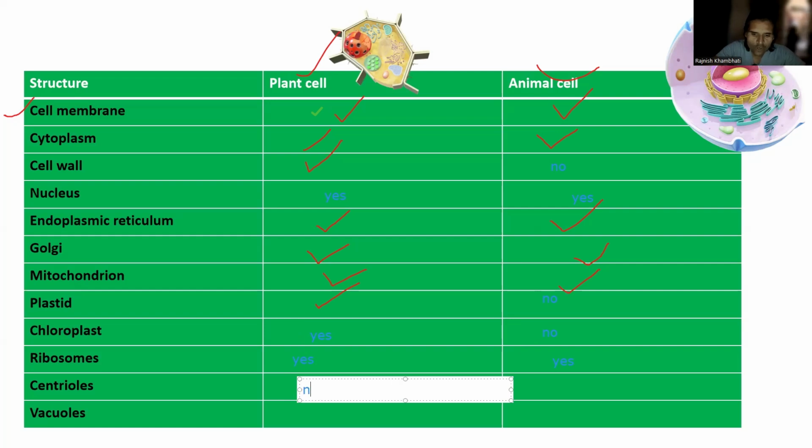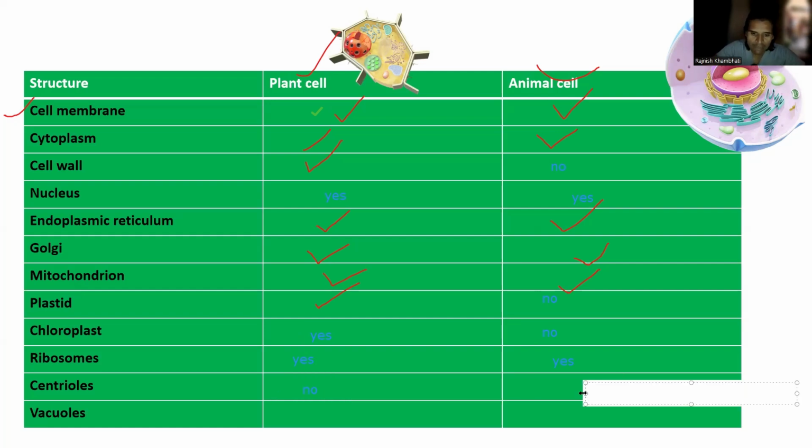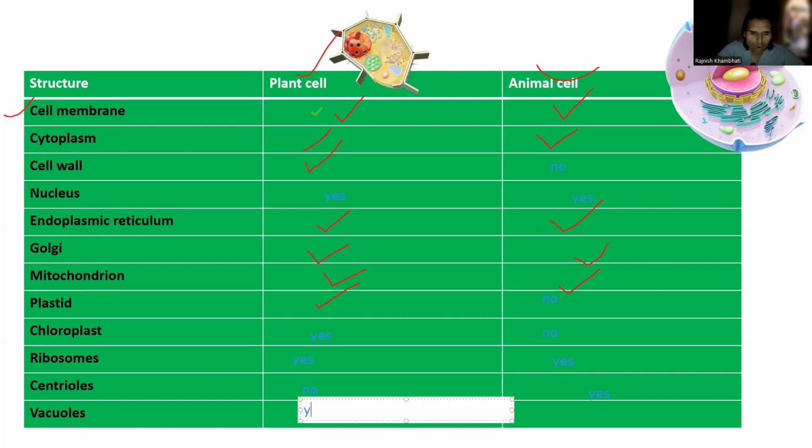Plant cells do not have the centriole and animal cells have the centrioles. Now you have to write this in proper sentences as you are making the notes. And then you have to compare how many points are very common. I will be making a line for you. Then vacuoles. Actually both have vacuoles, but normally what we say is plant cells have big vacuoles.